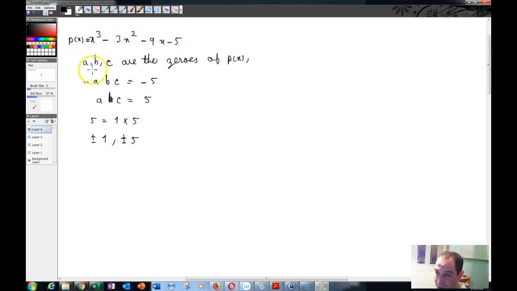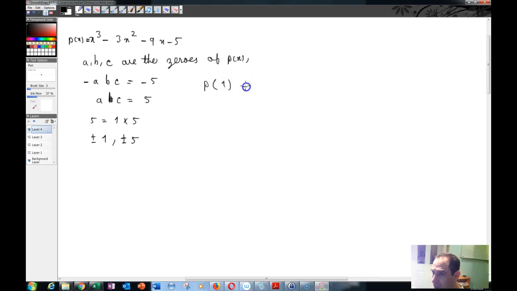So let's test to see which one of these is one of the zeros of this polynomial. If any of them is a zero of this polynomial, then p of that number is supposed to be equal to 0. And hopefully by now you know why I say this, because I don't want to repeat myself anymore.